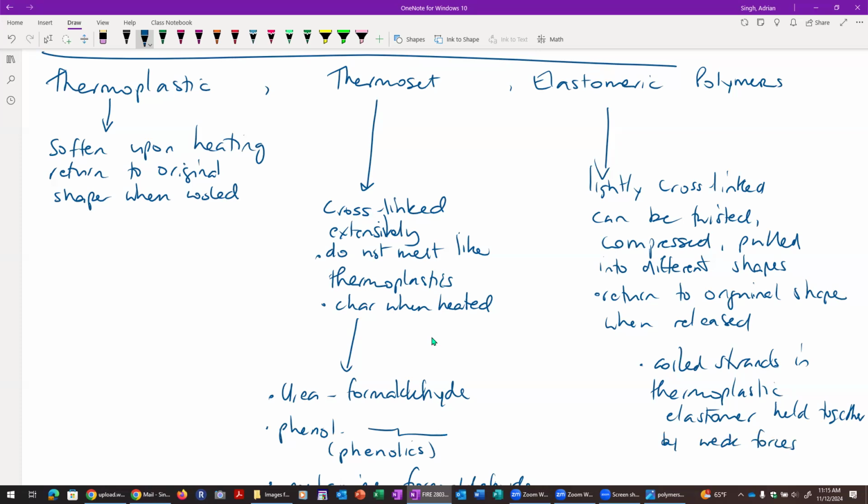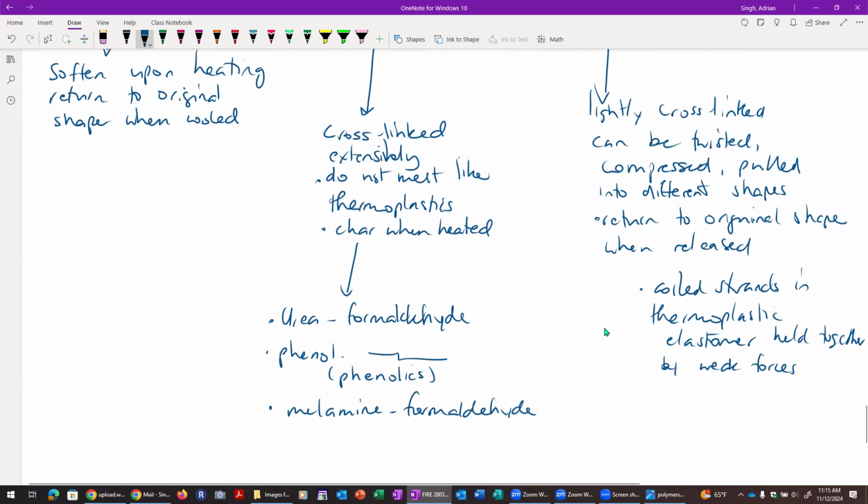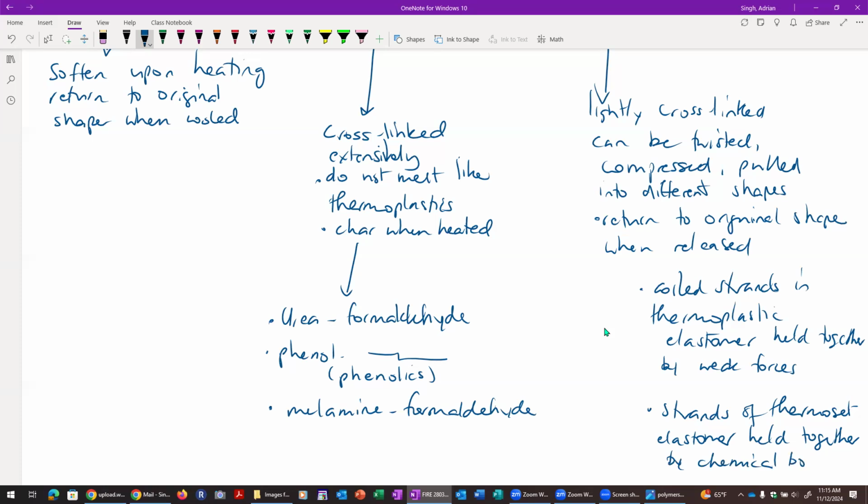And these are the forces of attraction between the strands themselves. Whereas the strands of a thermoset elastomer are actually held together by covalent bonds, as opposed to just forces of attraction. These are actually chemical bonds, covalent, sharing electrons that keep them together.